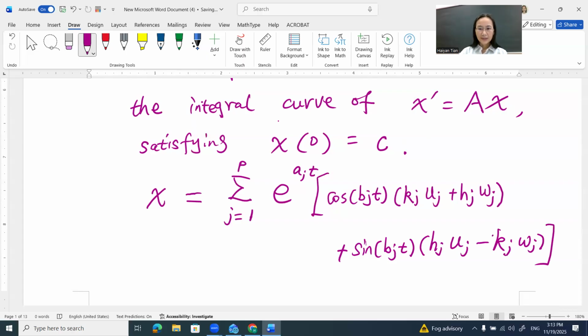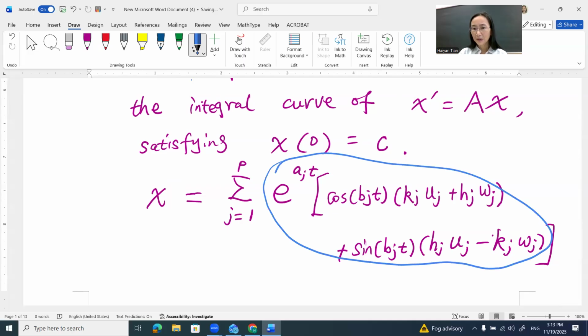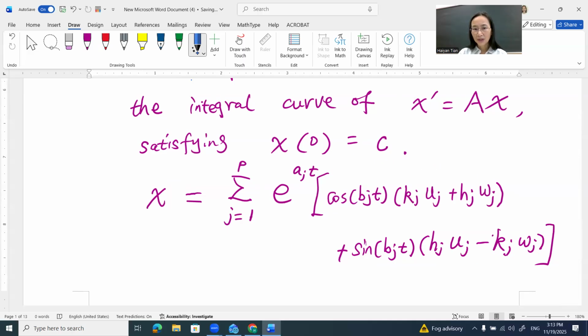Okay, now we can see that the solution x is represented as this kind of sum. That's a typical term for each j.